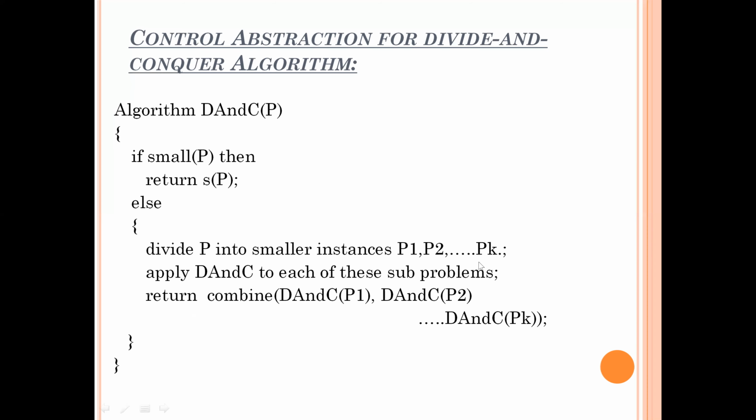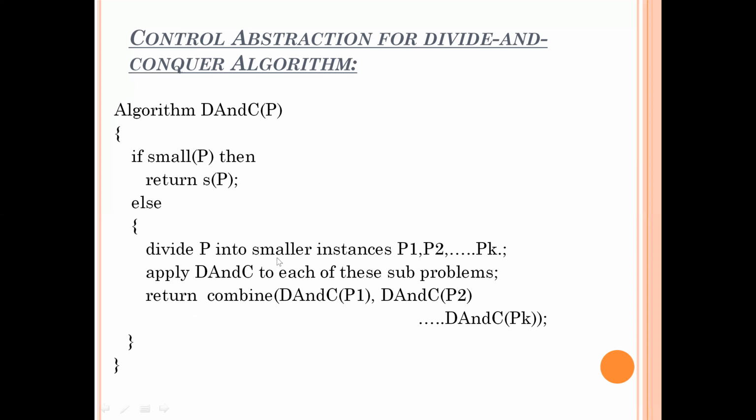After the division process is over, you have to check again whether P1 is small or not. For that, you apply the same algorithm recursively, that is DAndC for P1. If it is small, you get the solution.